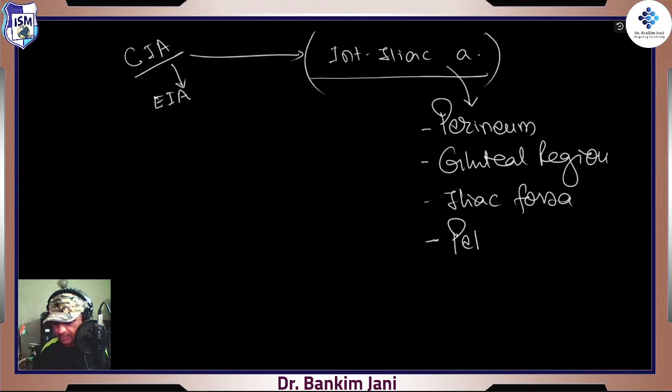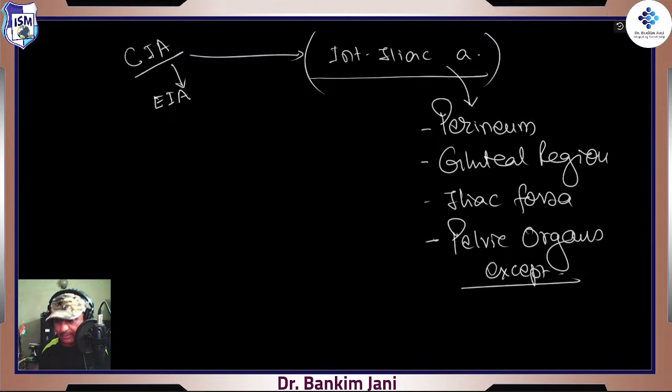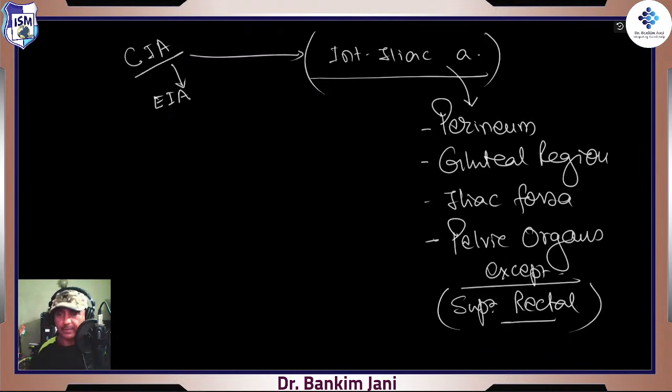Everything was fine except one thing: if we really want to write the name of one artery, say superior rectal, ovarian, median sacral. Median sacral, if you remember, was a lone artery. It was not a paired one, it was emerging directly from the aorta. So all of them are direct.